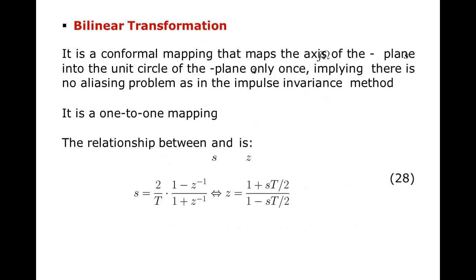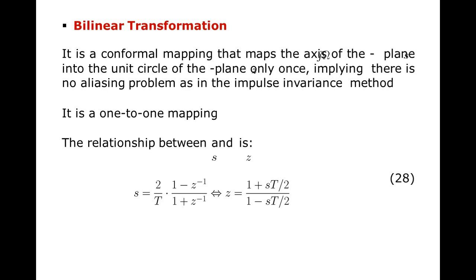Next technique is the bilinear transformation technique. It is a conformal mapping that maps the axis jΩ of the s plane into the unit circle of the z plane only once, implying there is no aliasing problem as in the impulse invariance method.